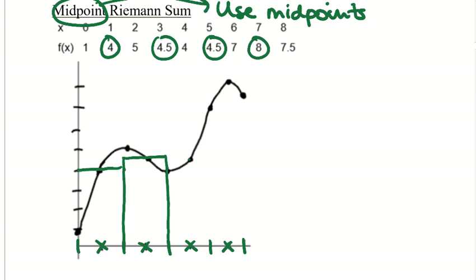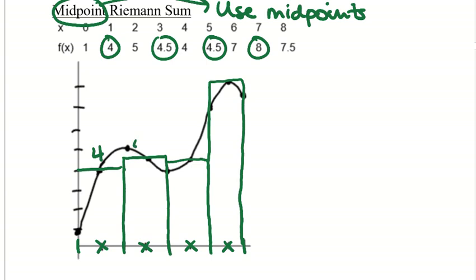Is that right? I think this picture's a little off. And then I'm going to say, okay, that has height 4. This has height 4.5. Oh, that's supposed to be 4.5. All right, well, maybe I can just put that in. Another 4.5, and this one's 8.